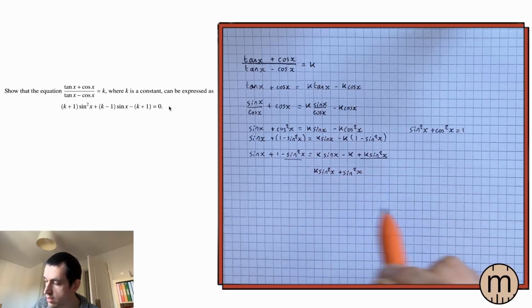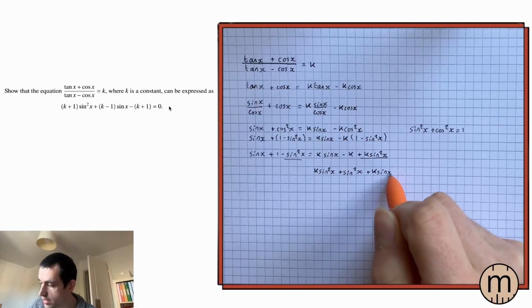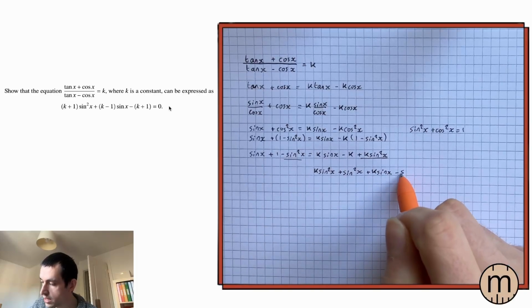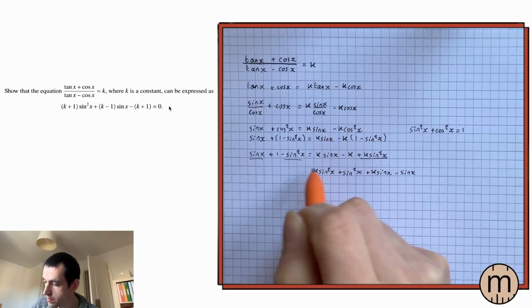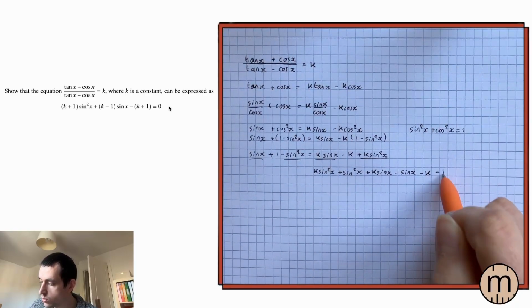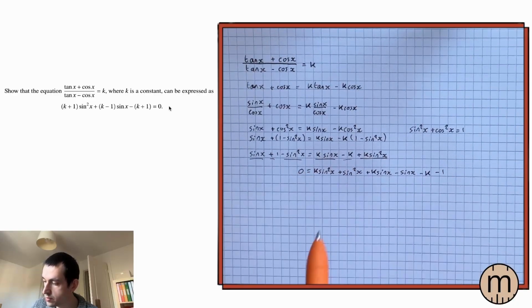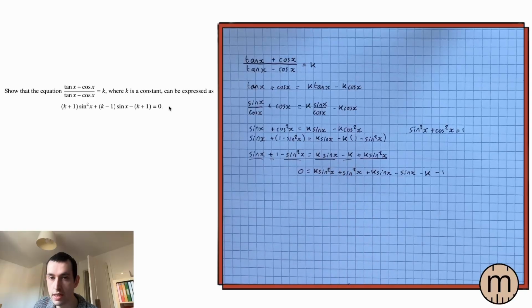So I've added these together. We've got k sine x, and this time I'm going to minus 1 sine x, like this. Minus k is already on that side, and I'm going to minus 1 from here and here, and that should be equal to 0. Moved everything from here over here.